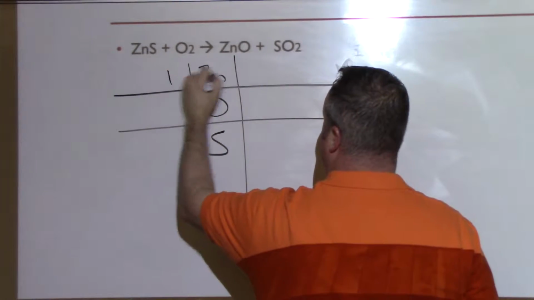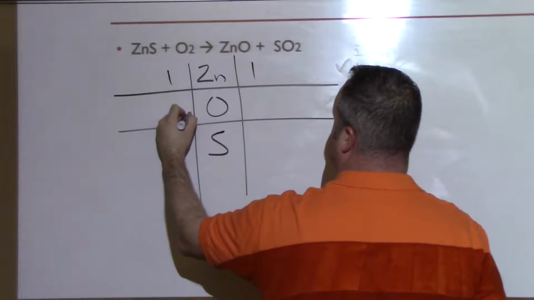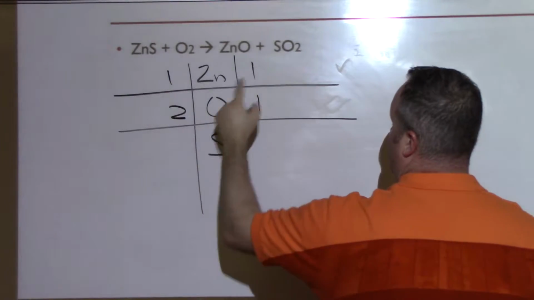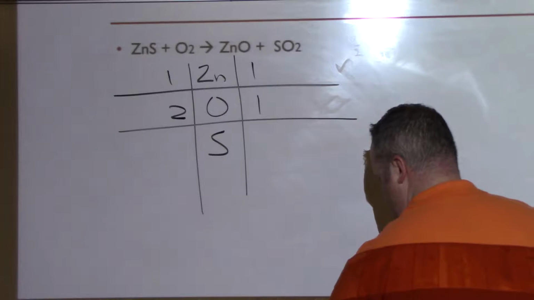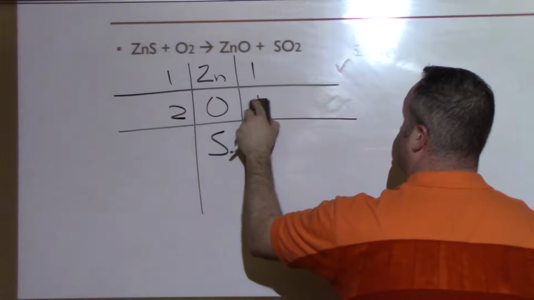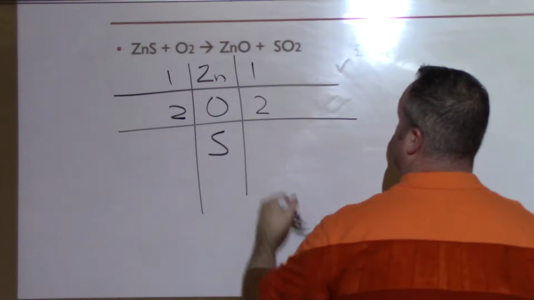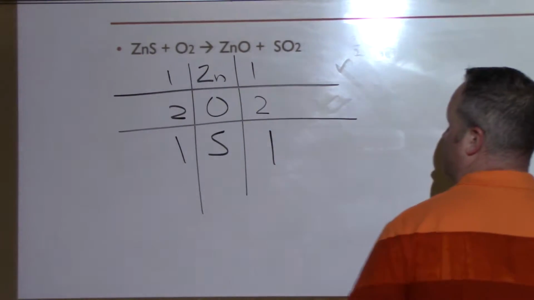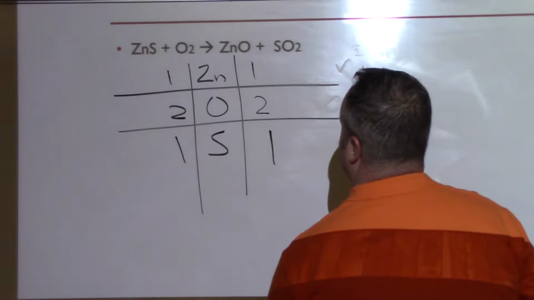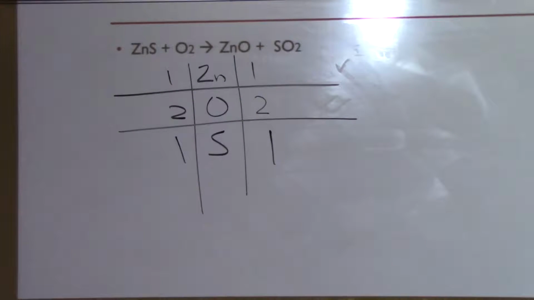We got 1 and 1, we have 2 and 1, I'm sorry, that's not 1, we have 2 over there. And then we have 1 sulfur and 1 sulfur. So everything is looking okay with this. Do you see any issues?